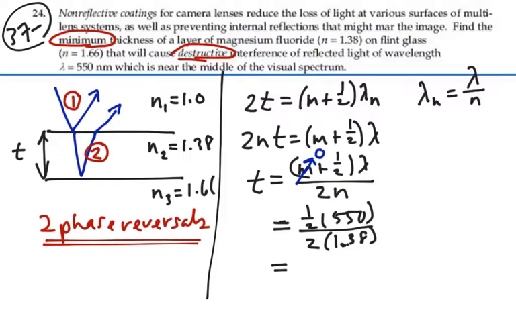And what is all that? 99.6 nanometers. So that is the minimum thickness of the magnesium fluoride coating on the flint glass that will reduce the reflections and give us destructive interference, 99.6 nanometers.